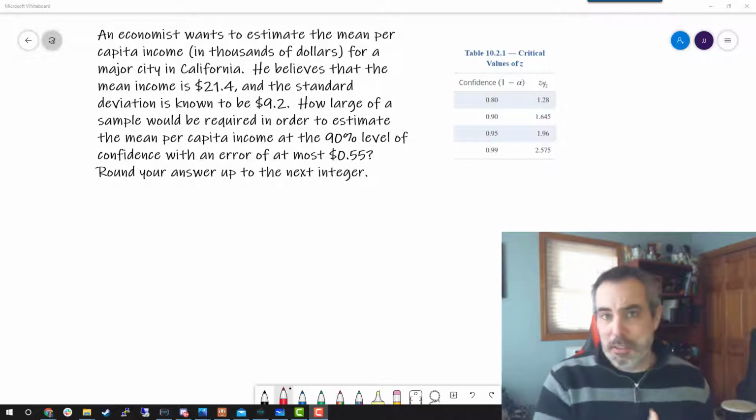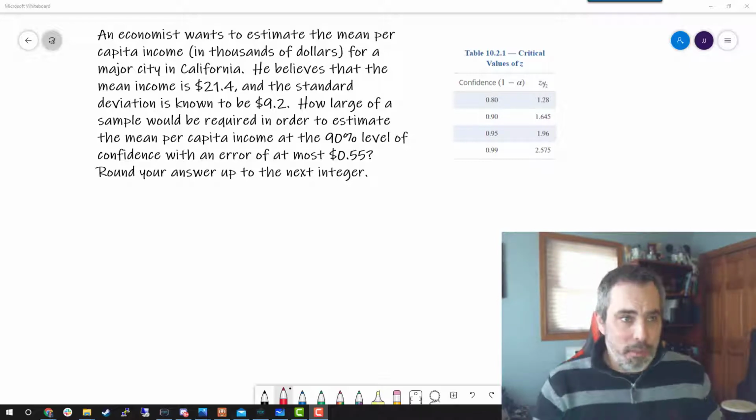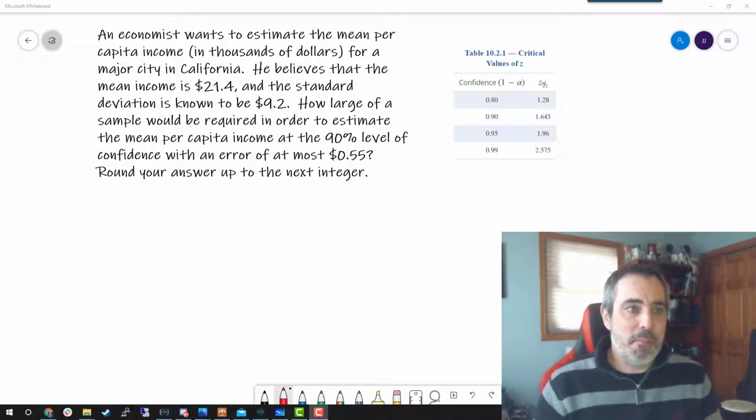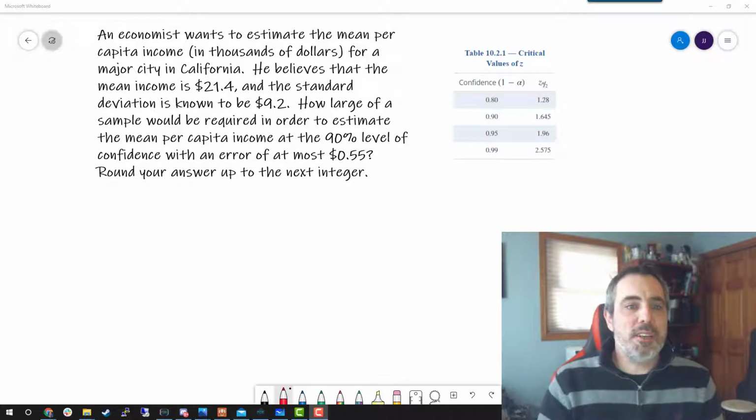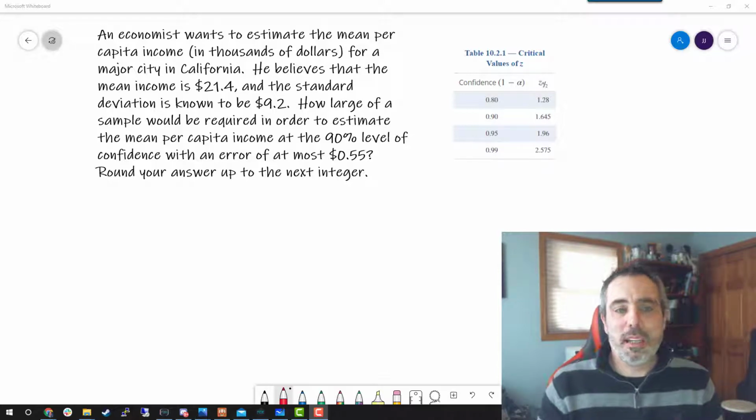So we did confidence intervals in the last video. This economist wants to estimate the mean per capita income. So he wants to know how much money people are making for a major city in California. He believes that the mean income is $21.40 and that the standard deviation is known to be $9.20.